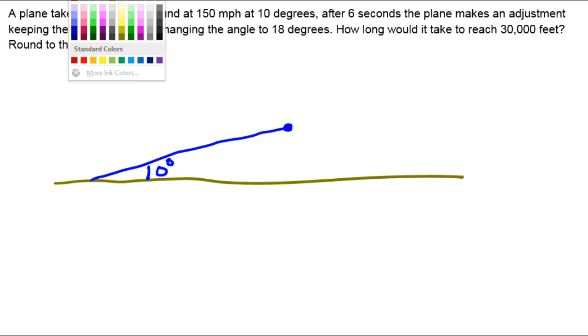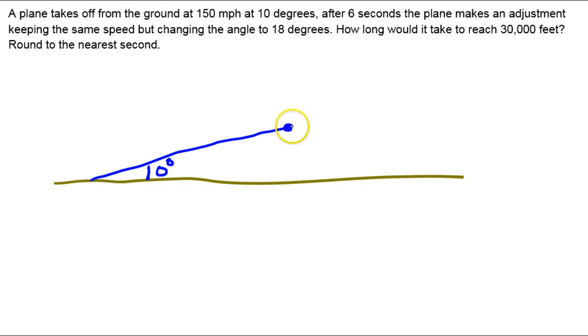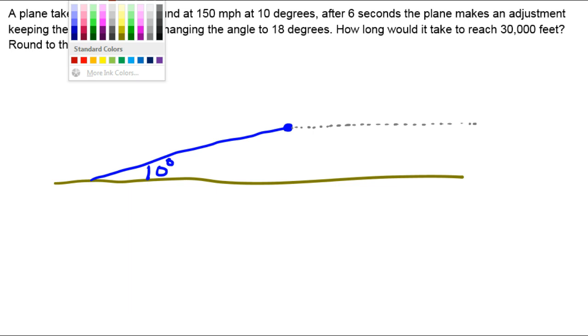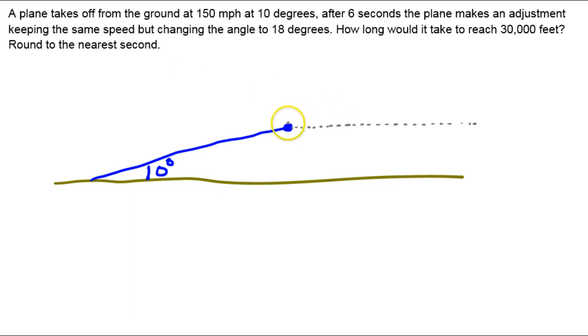Okay, so let's just throw in here I'm going to put this line here parallel to the ground still, because I'm going to need that to form my 18-degree angle. So this is going to be a little bit bigger. Obviously this is not to scale. This is not a good 18-degree angle. But anyway, this would be 18 degrees right there.